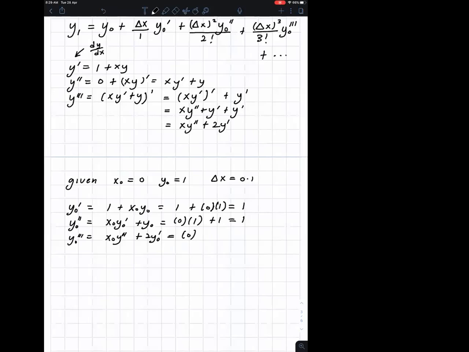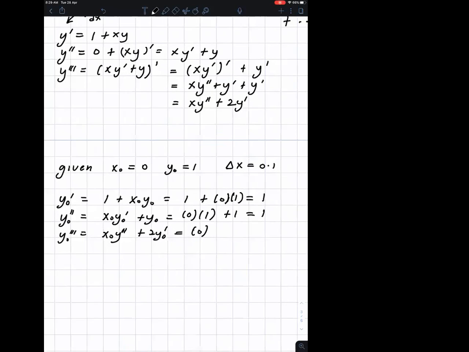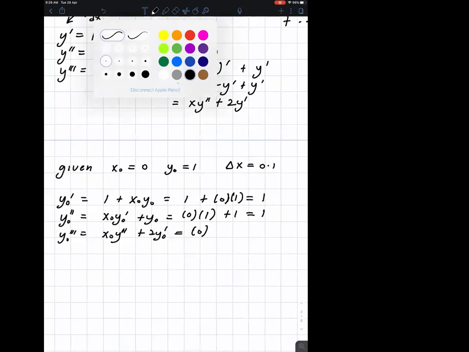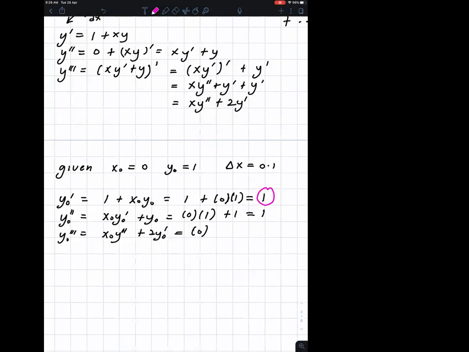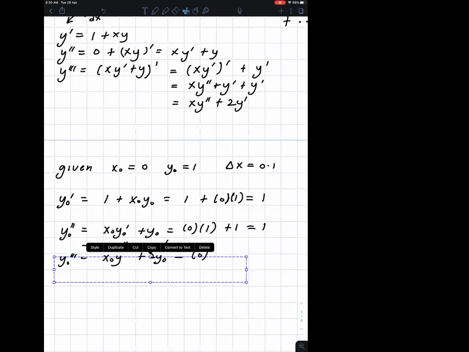If you plug in the previous value, what's going on here? You must understand where I got y naught prime from here. In this one, this value comes from here. So y triple prime should be equal to x y double prime, am I right?